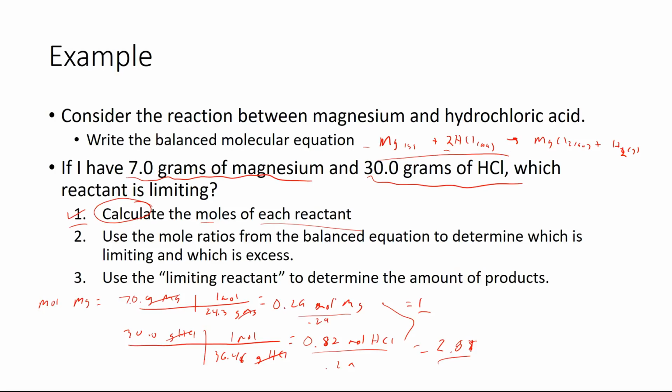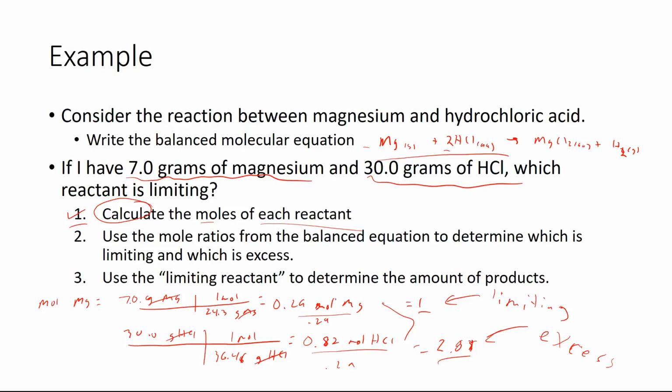What emerges is I have 1 mole of magnesium for every 2.8 moles of HCl. Since my ratio up here in the reaction is 1 to 2, and this ratio down here is 1 to 2.8, that tells me that the HCl is excess and that the magnesium is limiting.